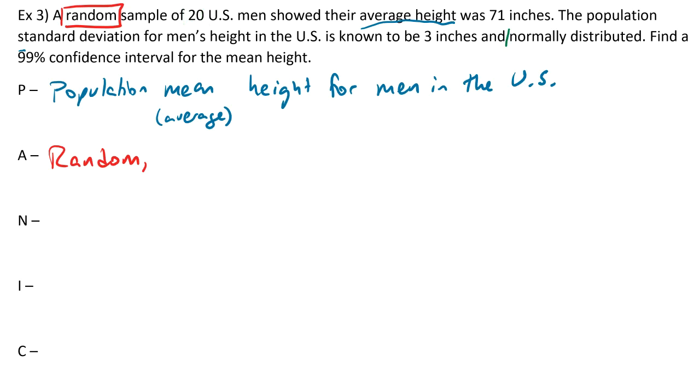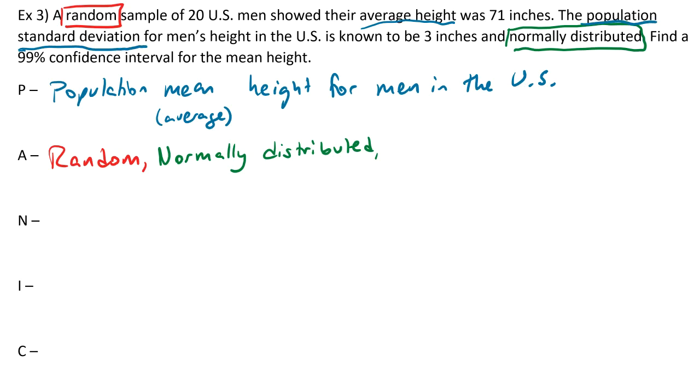However, it is normally distributed. And lastly, we need to know if we have the population standard deviation, and yes, we do. It is 3 inches, so sigma is known.